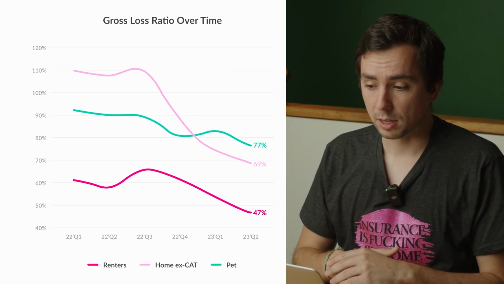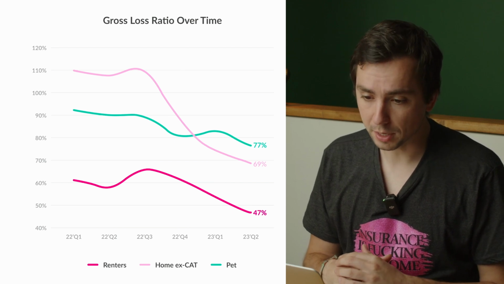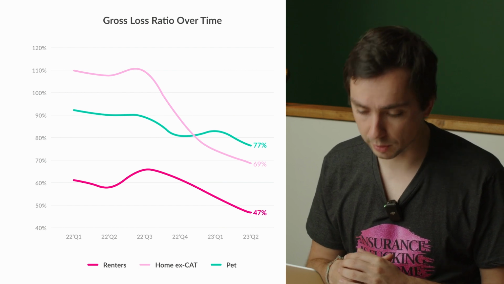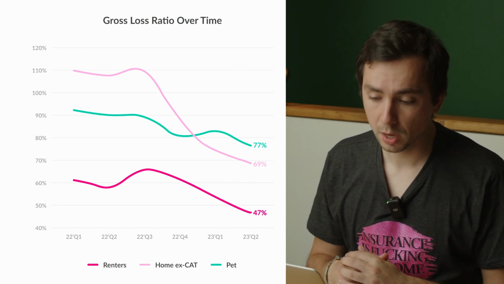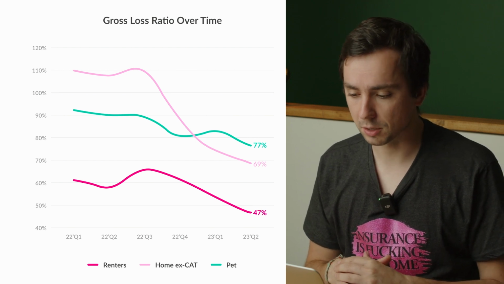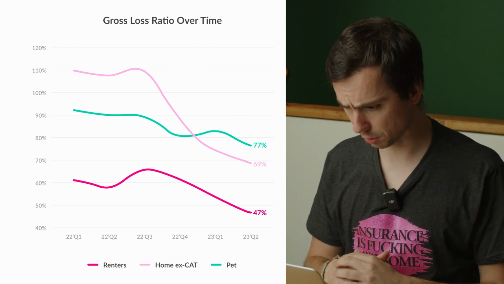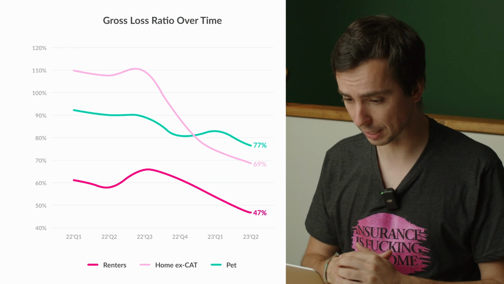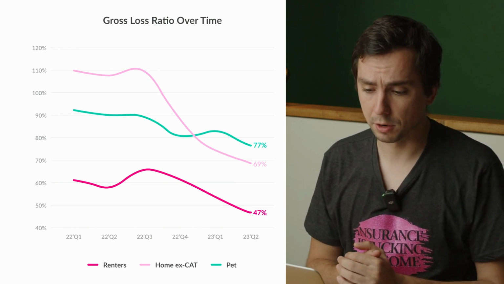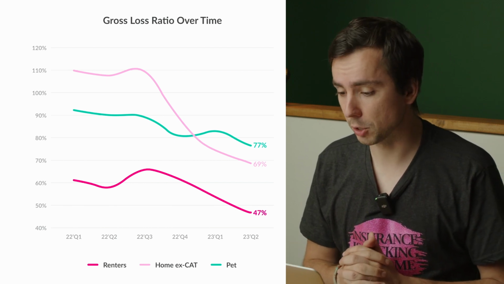This graph was given to us in the Q2 of 2023 shareholder letter, and it shows the gross loss ratio over time of some of their product lines, renters, pets, as well as home, but the home is excluding the cat events, the catastrophic events, which lead to a lot of high value claims. Right? And these three lines that they gave us are all going down, which is of course good news, and they said as much in the letter.